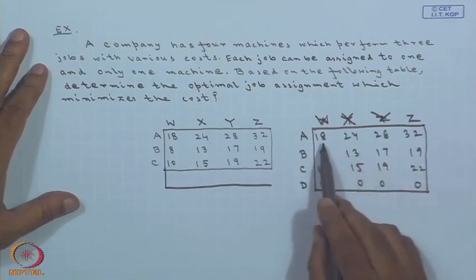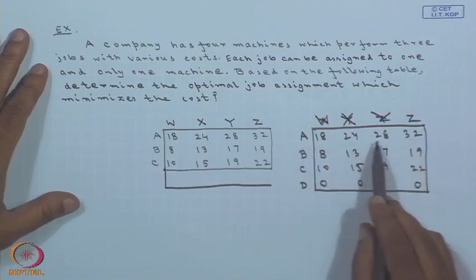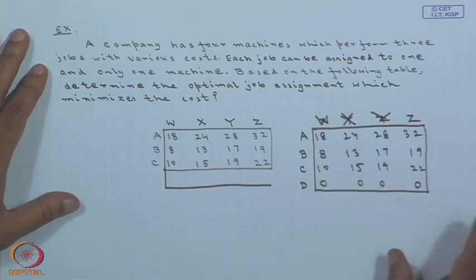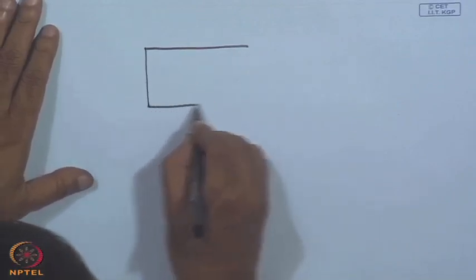Now what you have to do is, for each row subtract the smallest element from all elements, and for each column subtract the smallest element from each element. If you perform this, then you will obtain a table like this.